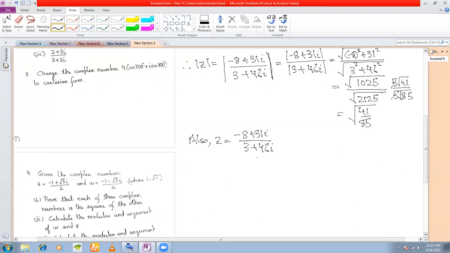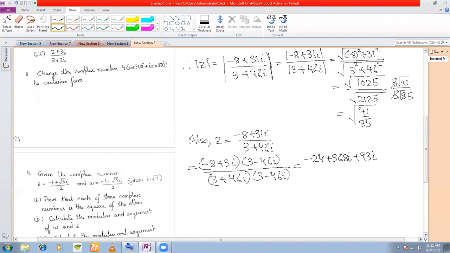Now if you multiply the numerator and denominator by 3 minus 46i, you multiply everything in the numerator: -24 plus 368i plus 93i minus 1426i square, divided by, in the denominator of the form a square minus b square, 3 square minus (46i) whole square.